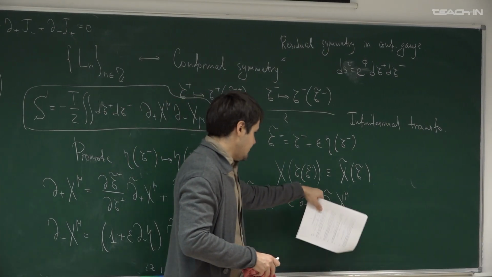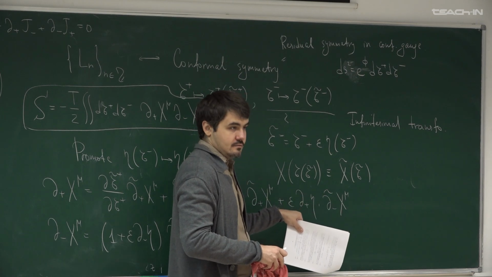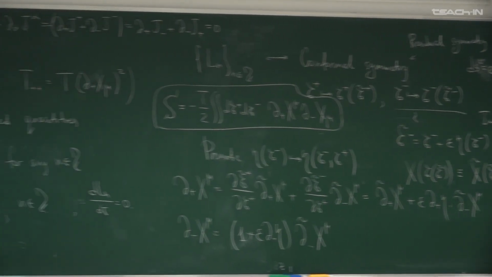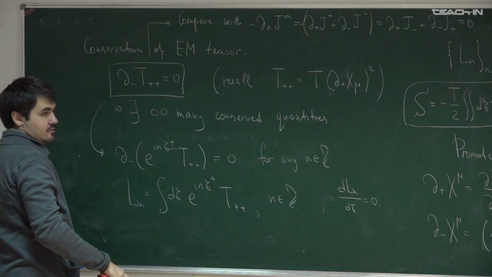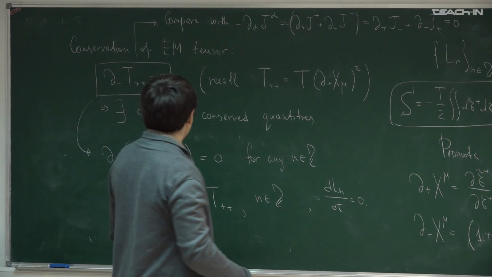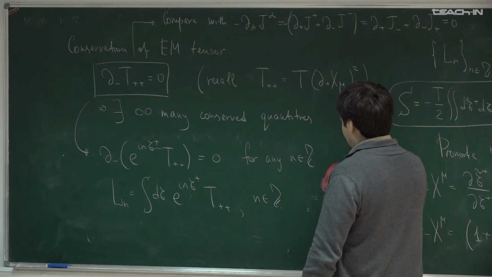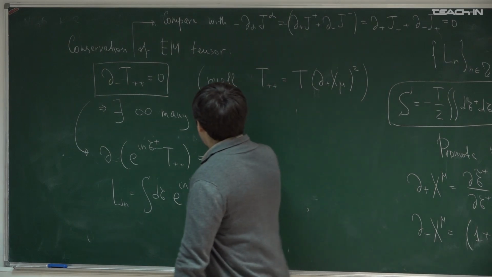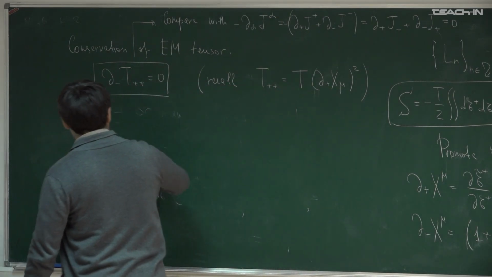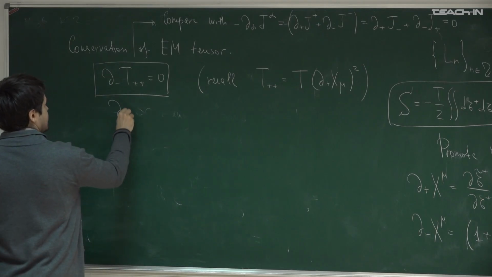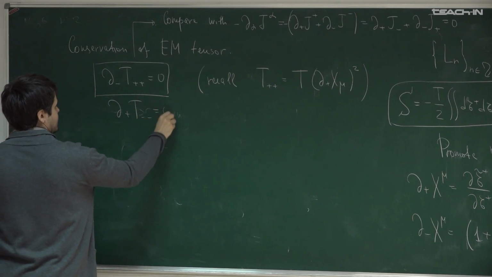So the variation will only have a term proportional to d plus eta. Therefore, the conservation law will be of this form. I mean, more exactly, d minus T plus plus, right? There is of course the second, symmetric conservation law, so maybe I'll write that d plus T minus minus is also 0 by the same logic.